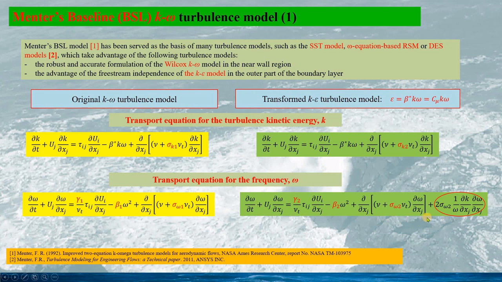The significant difference between the original K-omega turbulence model and the transformed K-epsilon turbulence model is the term here. This is a cross diffusion term between the kinetic energy and the frequency omega. And this term is very important since the advanced K-omega model has included the cross diffusion term.